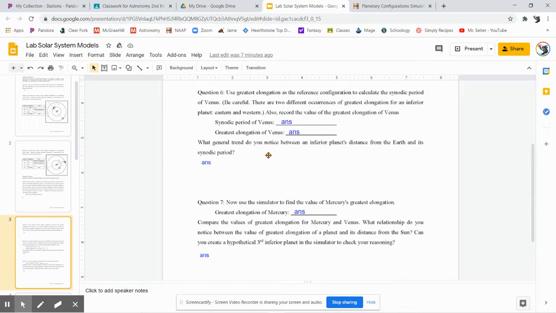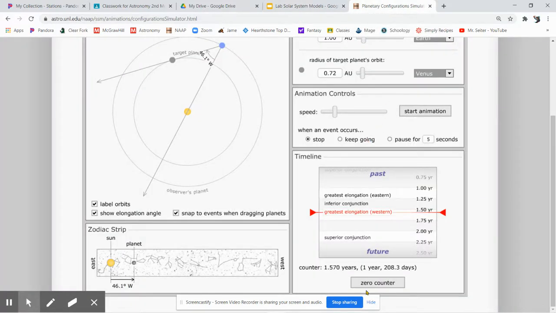What general trend do you notice between an inferior planet's distance from the sun and its synodic period? What general trend do you notice? Which one had the shorter, if you look at these two, which one had the shorter synodic period? Right. And obviously that was Mercury.